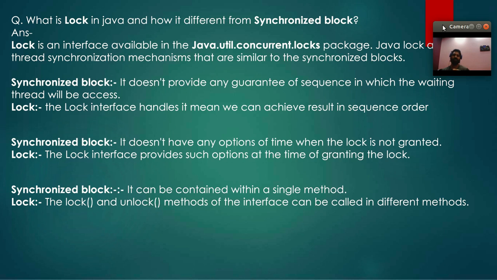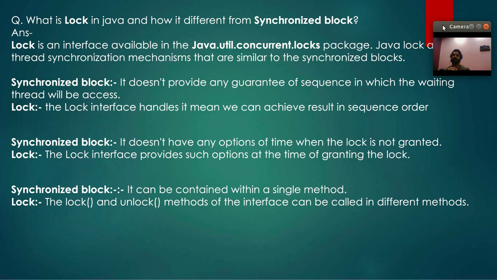The first difference is that the synchronized block does not provide any guarantee of the sequence in which waiting threads will be accessed. It means we can get irregular results if we use a synchronized block. But with the Lock interface, we can achieve results in sequence order, because the sequence guarantee is provided by the Lock interface.